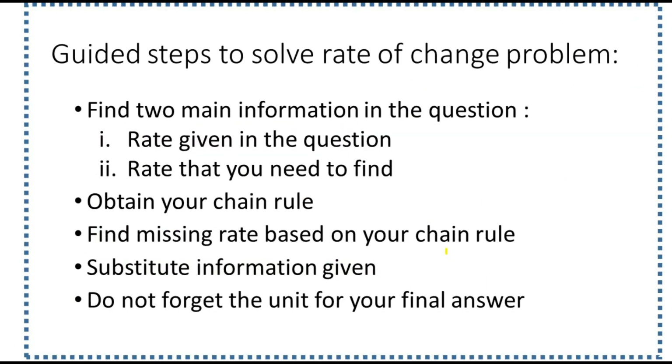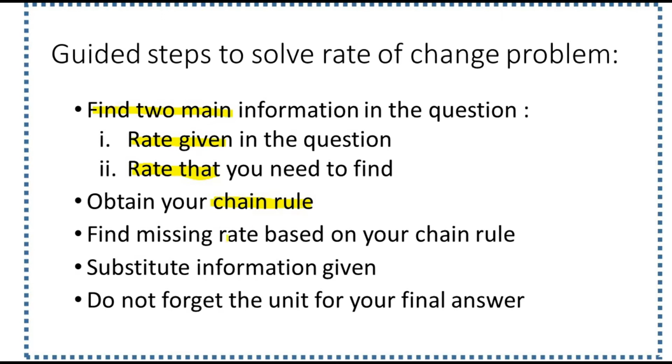Below are the guided steps to solve a rate of change problem. First step, we have to find two main pieces of information given in the question. First, the rate given in the question. And second, what the question asks for, or the rate that you need to find. After that, step 2, you have to construct your own chain rule.